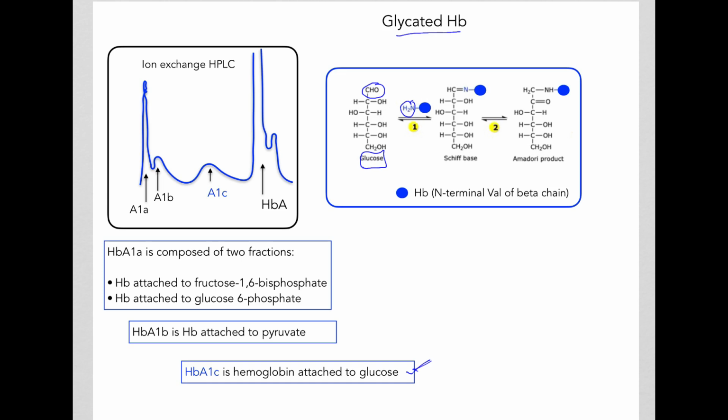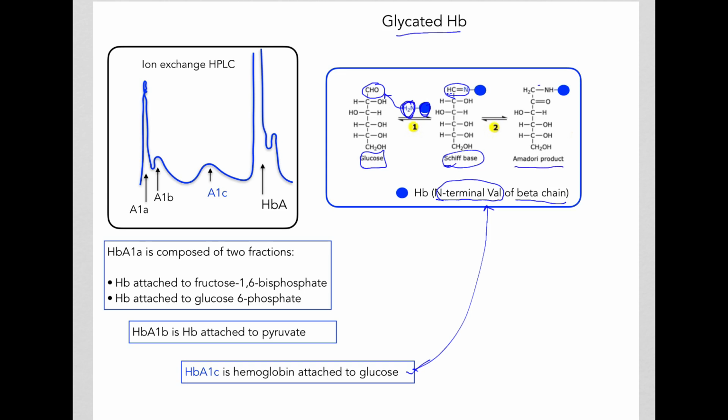In the case of A1c, the amine group is the one present on the N-terminal valine of the beta chain. This N-terminal valine of the beta chain of hemoglobin reacts with the aldehyde, forms a Schiff base, C double bond N, and then rearranges to form a more stable, what we call Amadori product.